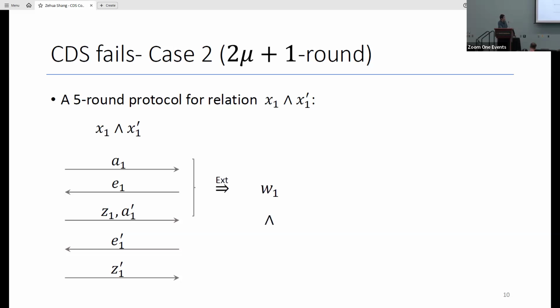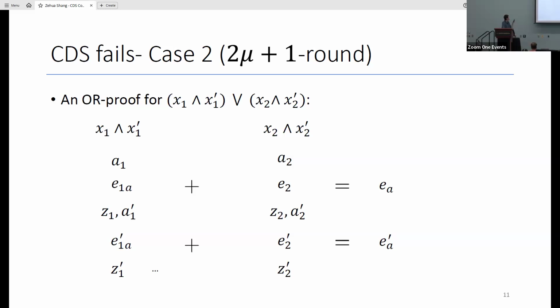For the extraction, you will extract a witness W1 from the first 3 rounds, and also you will extract W1 prime from the last 3 rounds. And here you will get witnesses W1 and W1 prime, which is exactly a witness for the relation x1 and x1 prime.